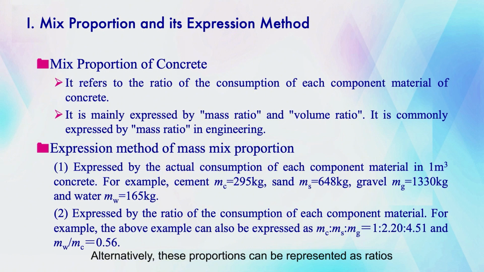Alternatively, these proportions can be represented as ratios such as MC to MS to MG is equal to 1 to 2.20 to 4.51, and MW divided by MC is equal to 0.56.